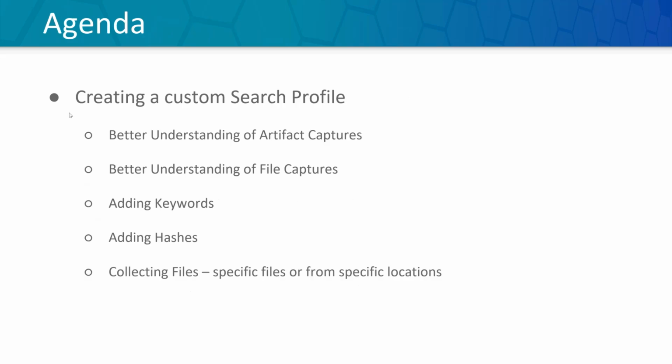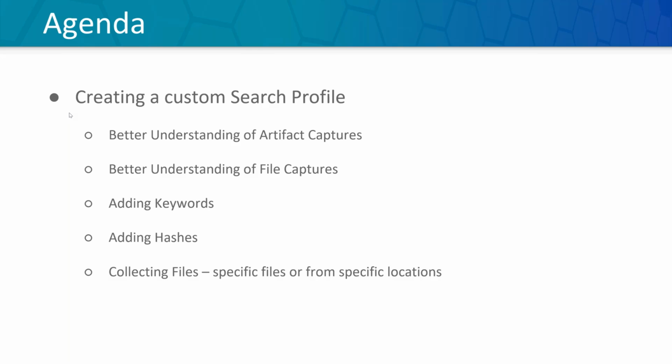And let's see. So today, the agenda, we're going to go over creating a custom search profile, but a couple of things I want to make sure that we get through is a better understanding of the artifact captures and the file captures. Let you know what's in there, what they do, kind of a general overview, but a little more than probably we've had in the past with demos and you actually looking at the tool or trying out the tool.